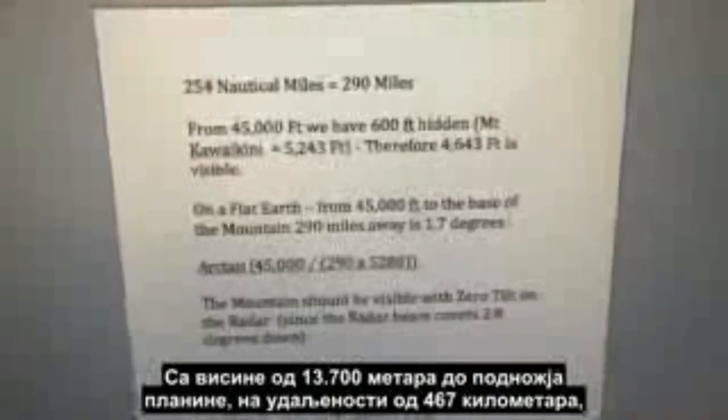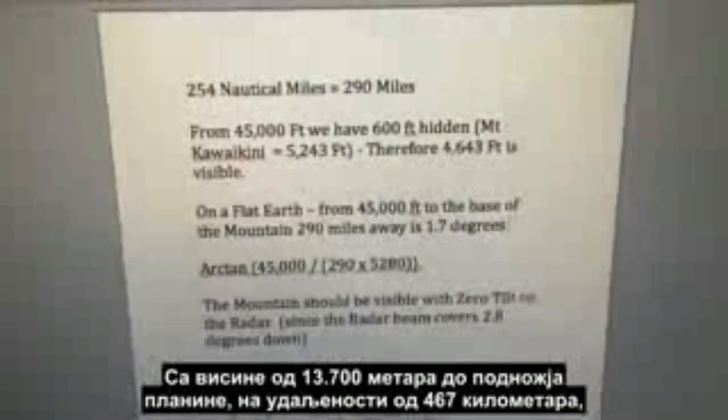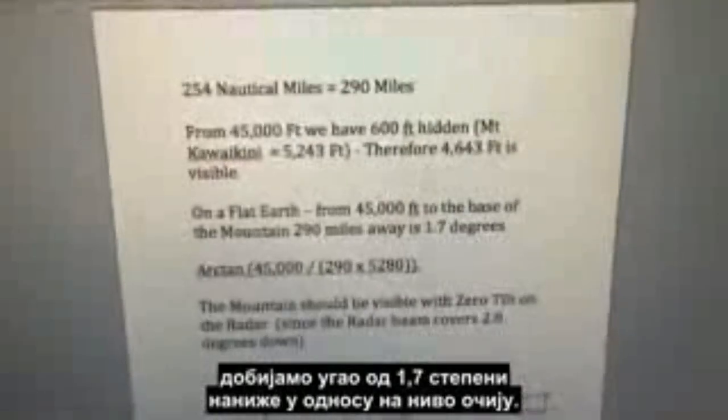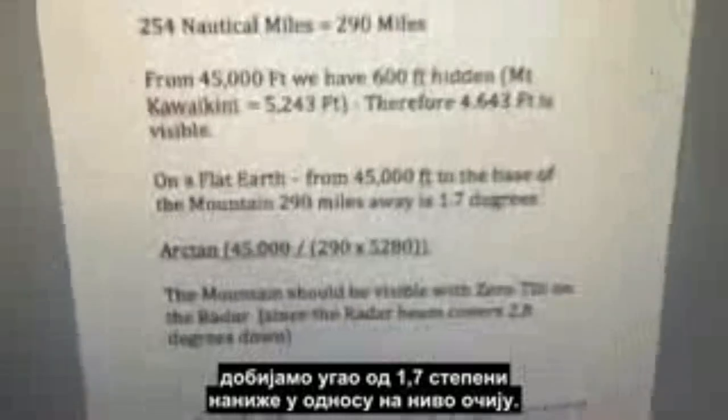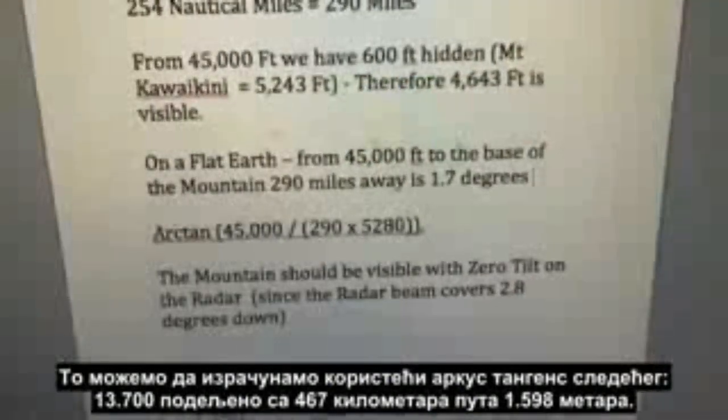From 45,000 feet to the base of the mountain, 290 miles away, represents an angle downwards from our eye of 1.7 degrees. We can calculate that by using the arctangent of 45,000 divided by 290 miles times 5280 feet, and that gives us the 1.7 degrees downwards.